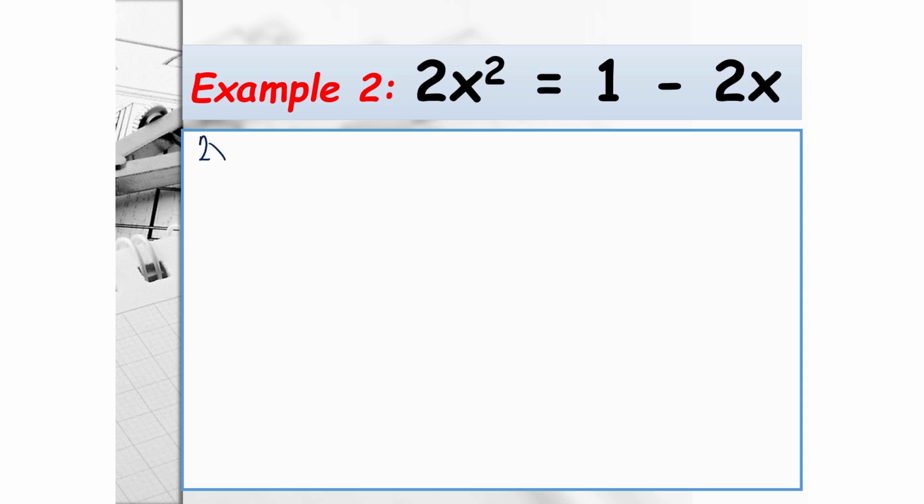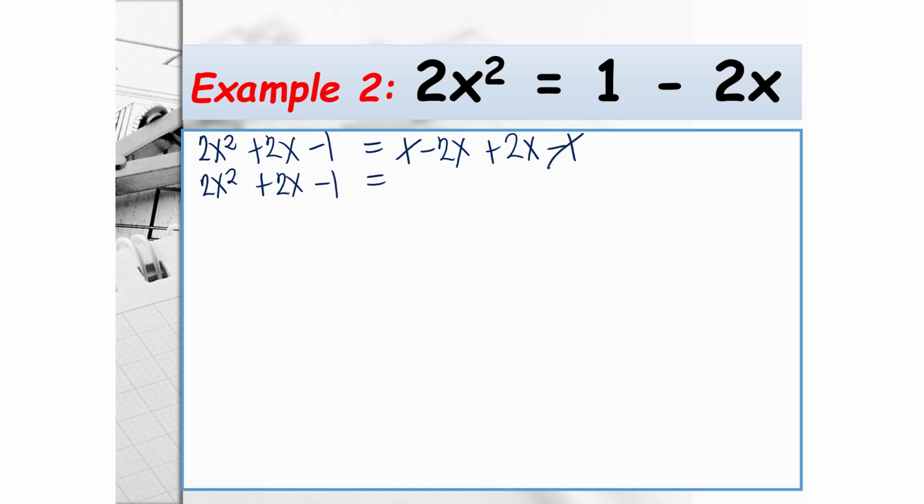So, 2x squared plus 2x minus 1 is equal to 1 minus 2x plus 2x minus 1. So, bring down 2x squared plus 2x minus 1 equals, the 1 minus 1 cancels and also negative 2x plus 2x.